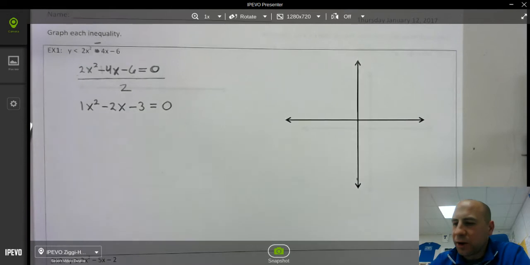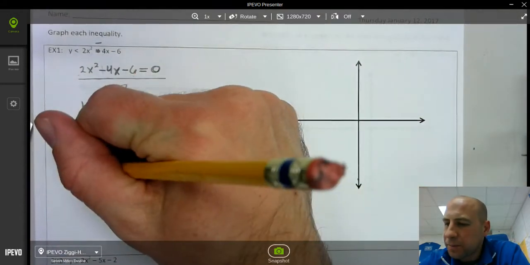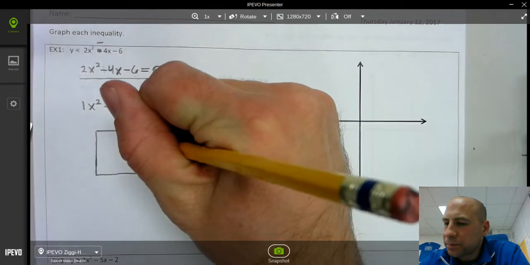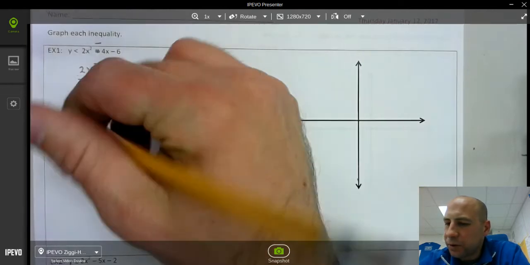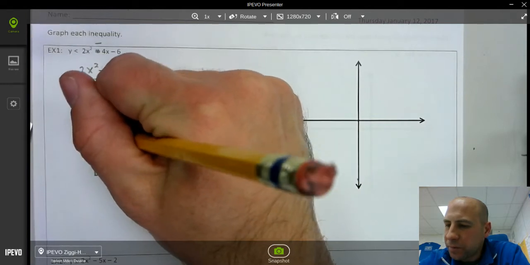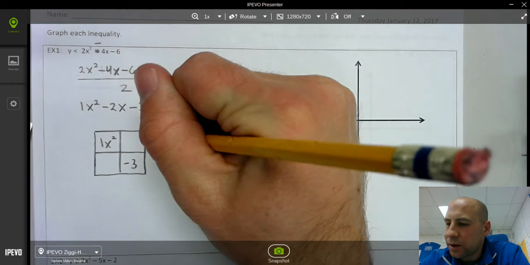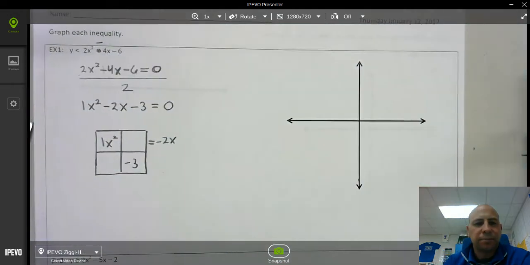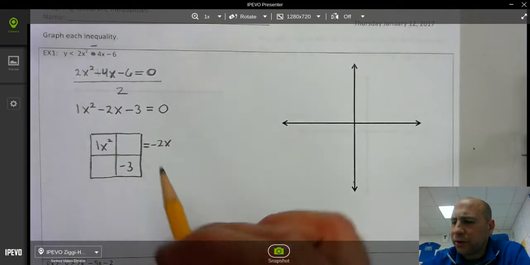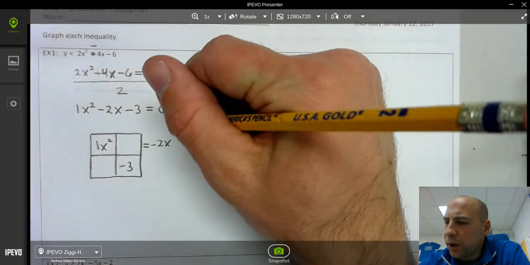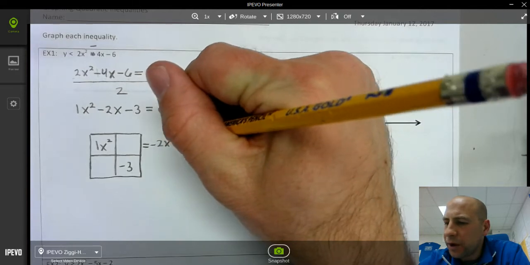All right, so we're going to try to factor. So you draw your box. So first term, last term, and then the middle term is going to be negative 2x. All right, so what you want to do is find all the factors of negative 3. So 1 times negative 3, 2 doesn't work, 3 times negative 3.